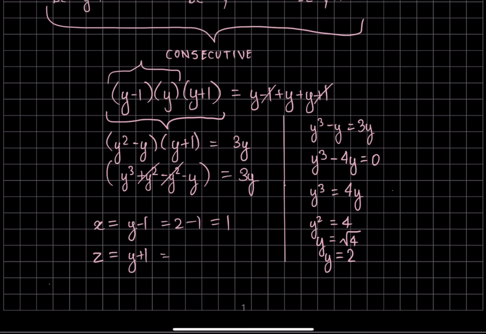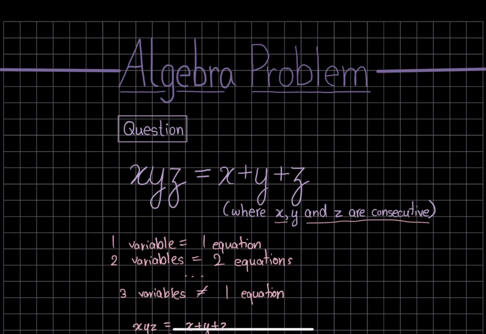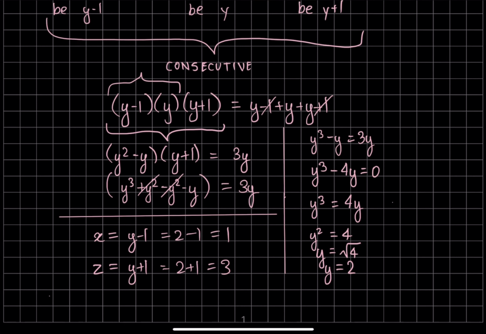And y plus 1 gives us 2 plus 1, which gives us 3. So there you have it, how to solve a really hard question. And this also makes sense because 1, 2, and 3 are all consecutive.